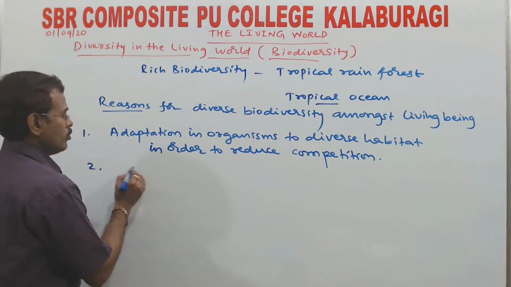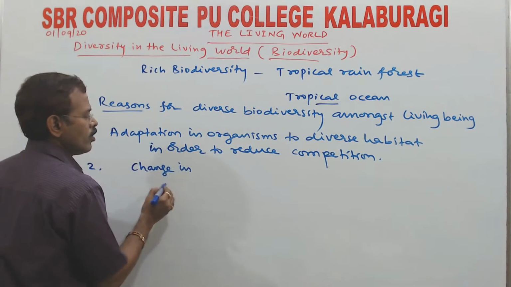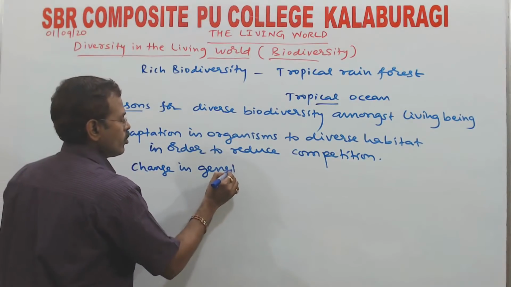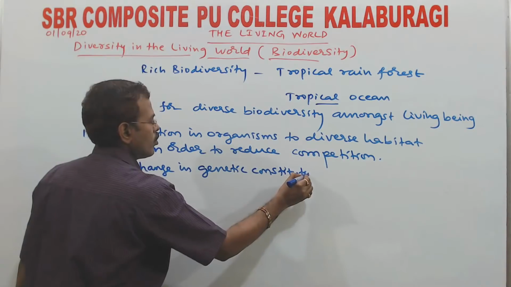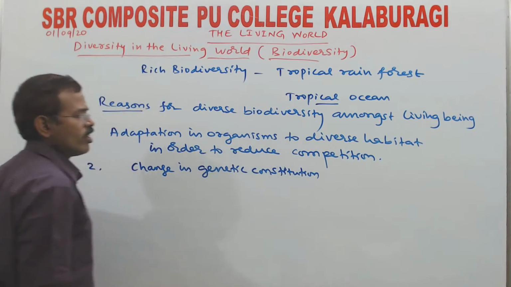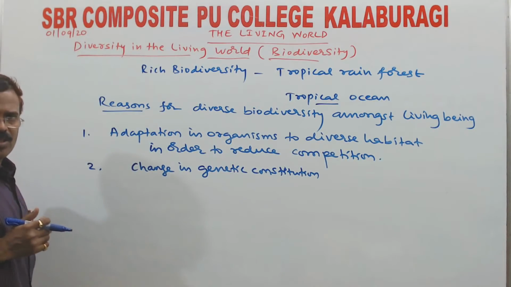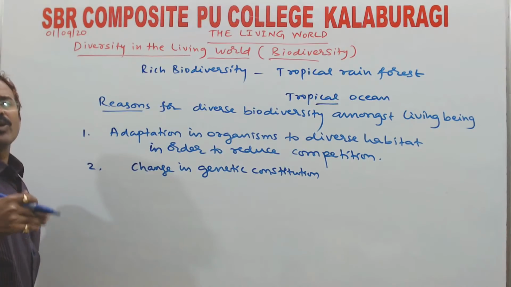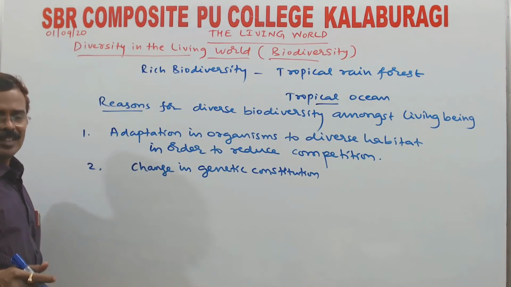Then we have change in genetic constitution, change in genetic makeup because of variations that has induced many new traits or characters that has led to evolution of new characters.